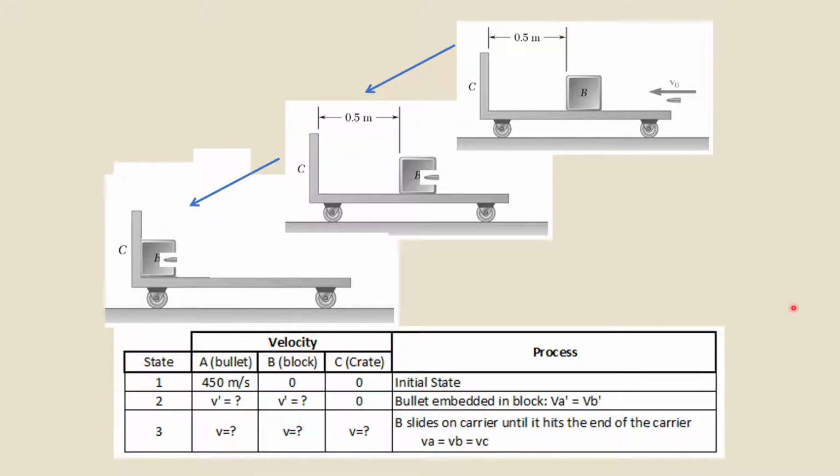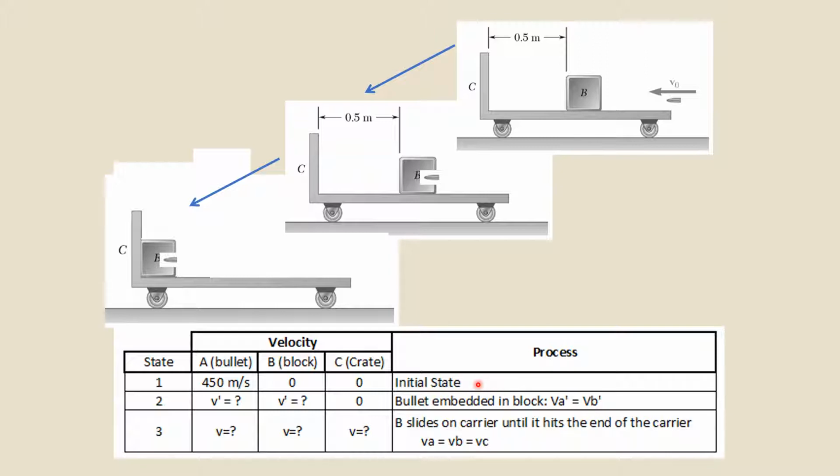A good way to organize these problems is to set it up with a table. So we have a jump for the first collision, and a jump for the second collision. Initial state, state 1: we have the bullet moving and nothing else moving. So there's the velocity of the bullet, and the block and carrier have 0 velocity. The first collision goes from state 1 to state 2, right?